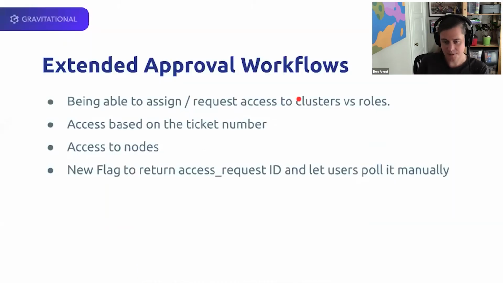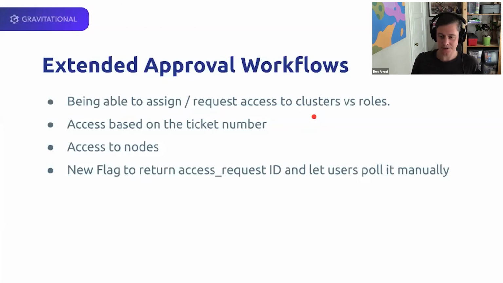And for these extended approval workflows, these are some of the key benefits. So one very helpful thing is being able to request access to clusters. This is very helpful if you are an MSP, which is a managed service provider, and you're managing other people's clusters and you want to access those clusters and maybe get the owner of that cluster to approve it. Accessing based on some ticket number that you've already been assigned or a request. This will be very helpful if a developer needs access to a system, but they don't know exactly what they need to access.